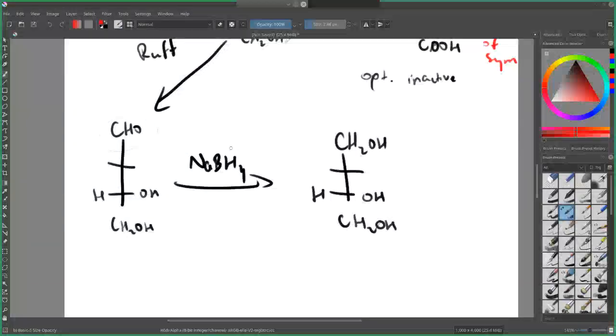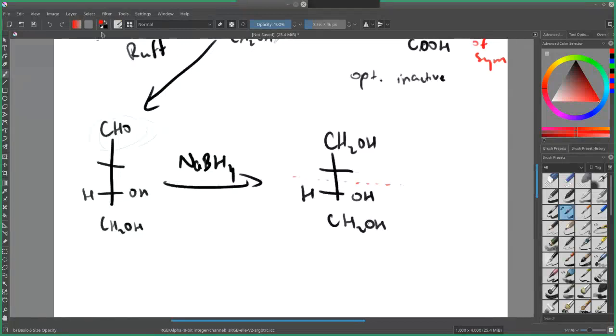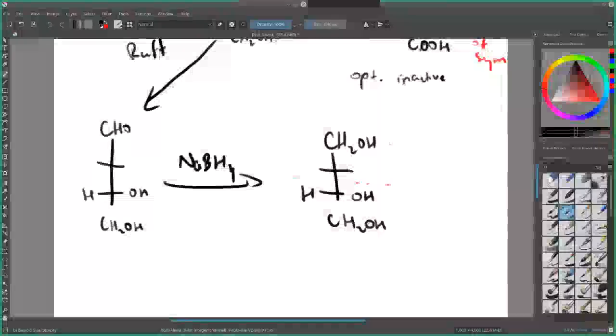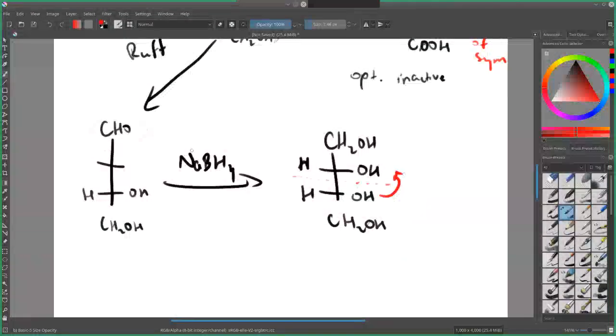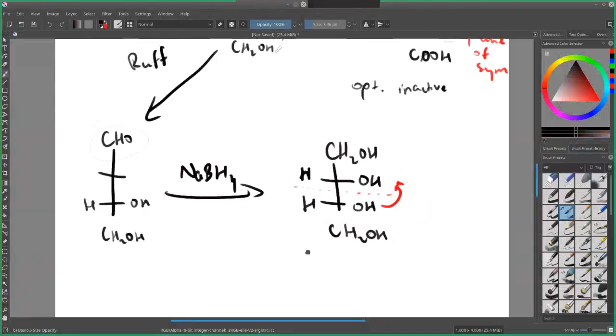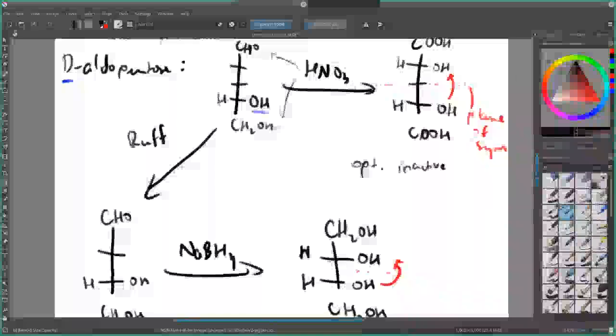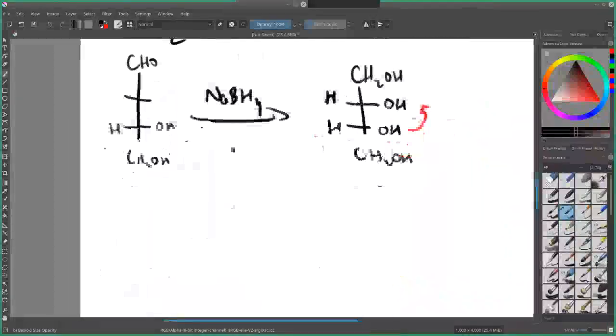Thank you. Yeah, same thing. So we draw our plane of symmetry because it's optically inactive again. And there we go. So, all right, cool. So we figured out what's left at those two carbons.